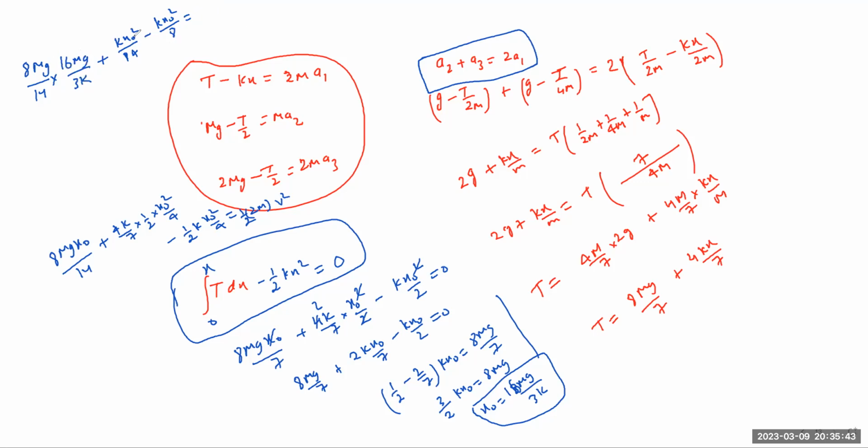So you understood what we are supposed to do: solve this for v square and substitute the x naught. Tell me what you are getting.